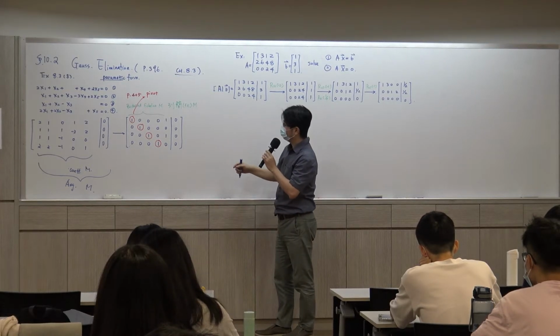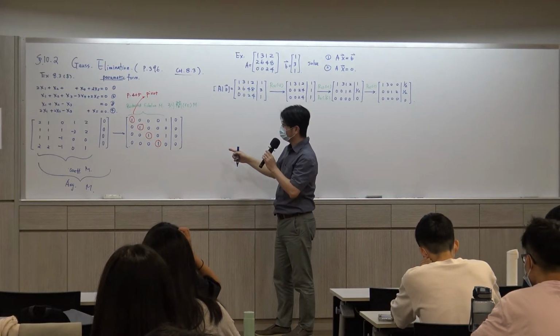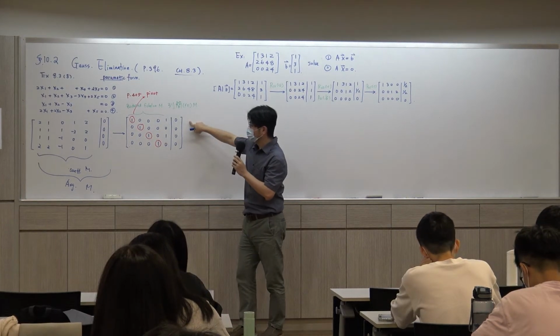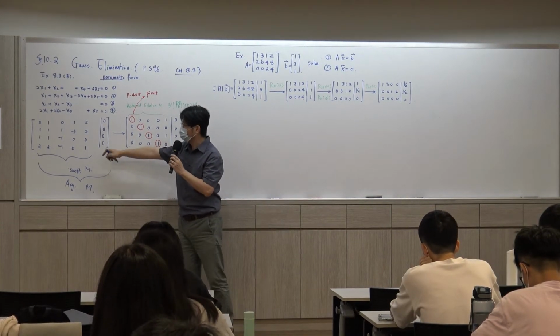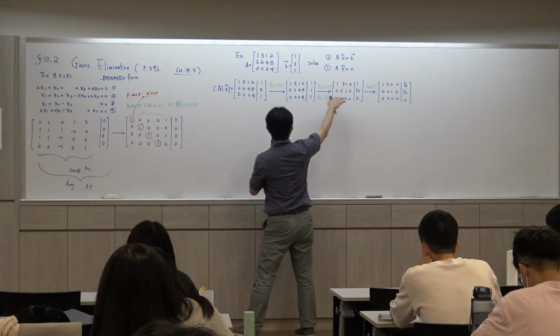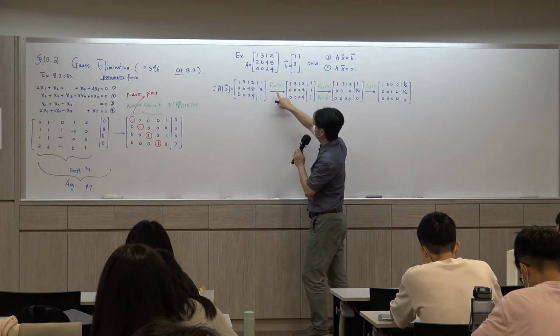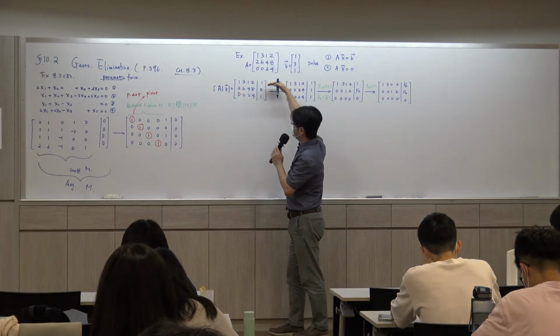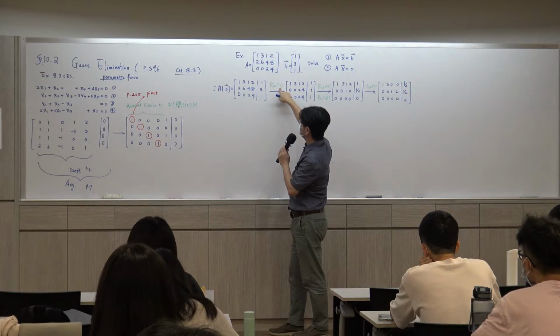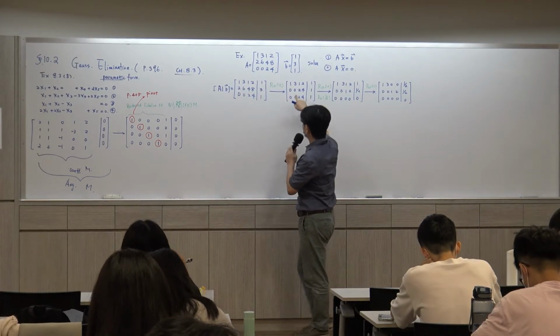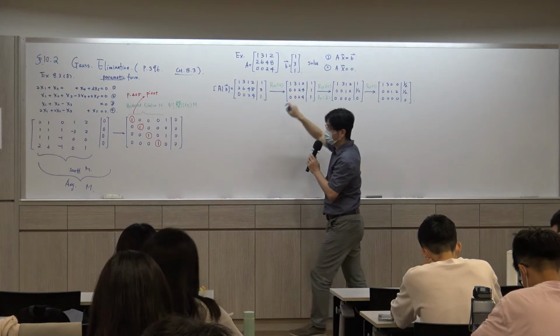And here, another issue we would like to mention. At this point, we can use an operation like this. The row operation: we can take the first row times -2 plus the second row to create 0, right?